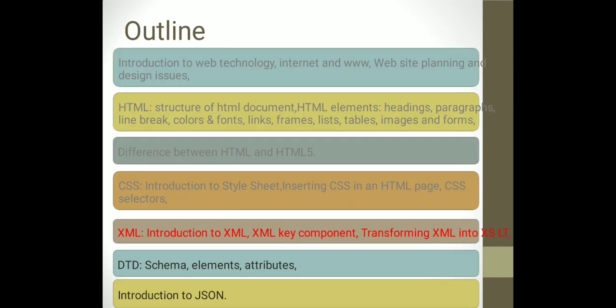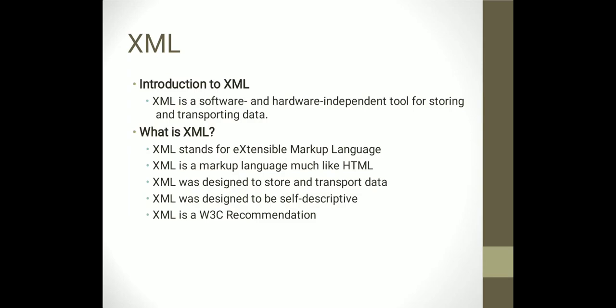Then the XML. XML is a software and hardware independent tool for storing and transporting data. So this XML becomes a very important software and hardware independent tool. So what is this XML made up of?